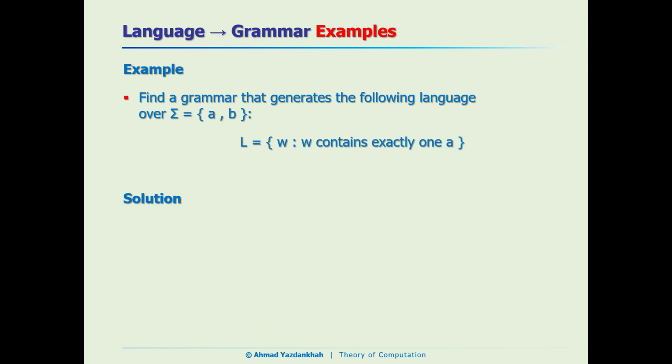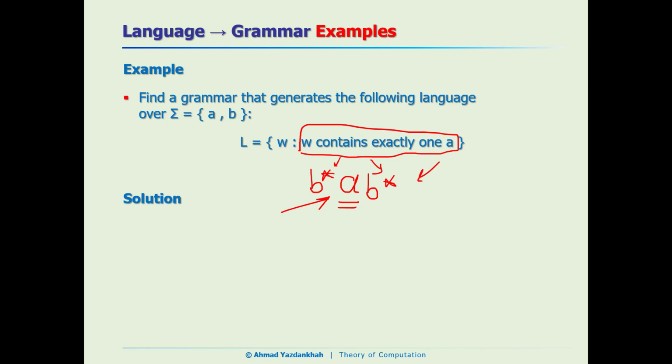Another example, W contains exactly one a. Fantastic. Exactly one a. Yeah, we have seen this language before. Exactly one a means that we have one a here, and before and after that, we can have any number of b's. Yeah, you remember this was the regular expression for this language, right?